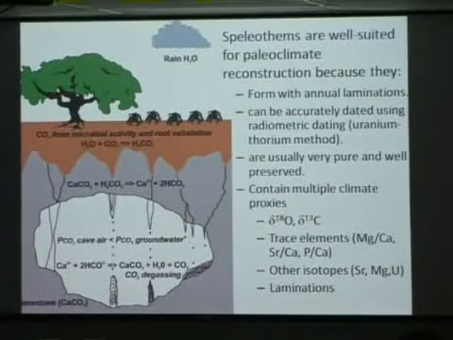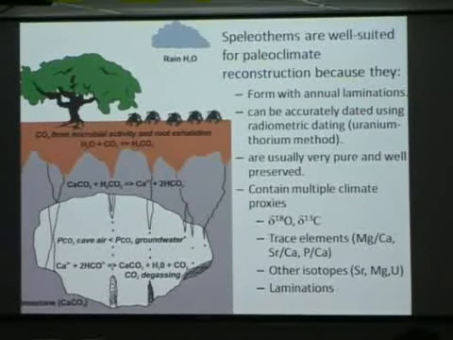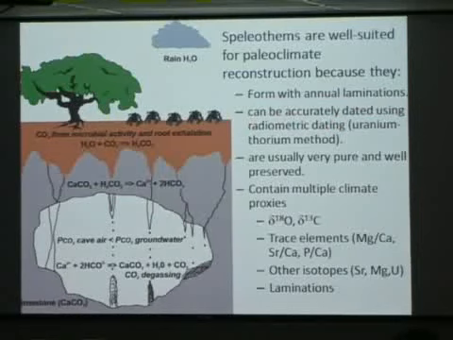So there's a number of reasons why these things are useful for looking at past climates. One is that they often form with annual laminations that you can see under a microscope or even in hand samples. And one of the most important reasons why these are incredibly useful is that we can actually date them very precisely using uranium-thorium methods, which I'm not going to go into detail about.